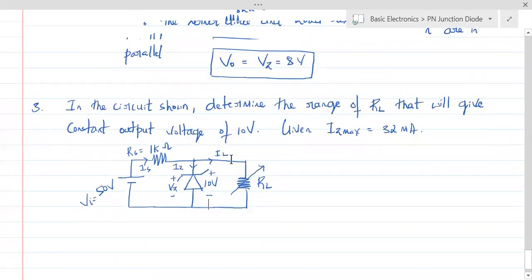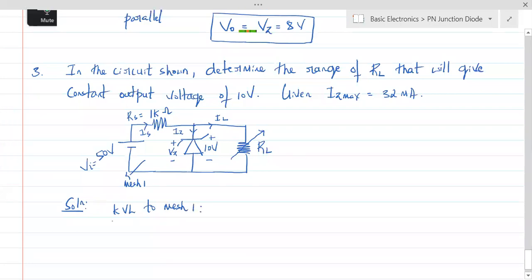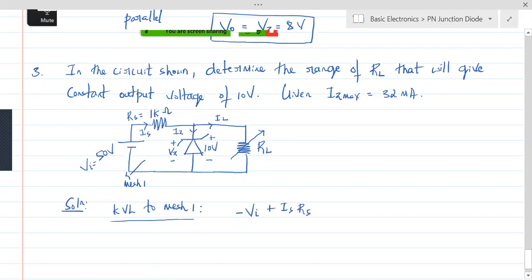Now, if you apply KVL to mesh 1, this is mesh 1, okay? KVL to mesh 1, everybody. This is a very regular thing that we are doing. The KVL to mesh 1 would always look like this: minus Vi plus Is Rs plus Vz equal to 0.